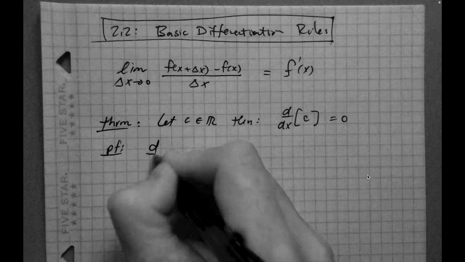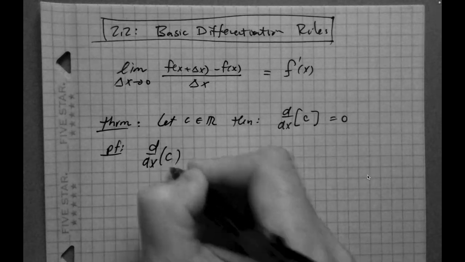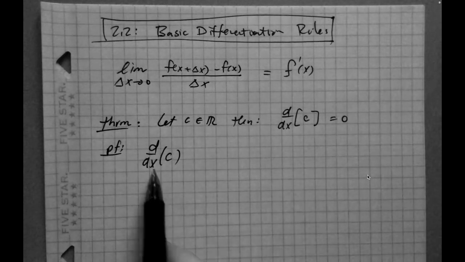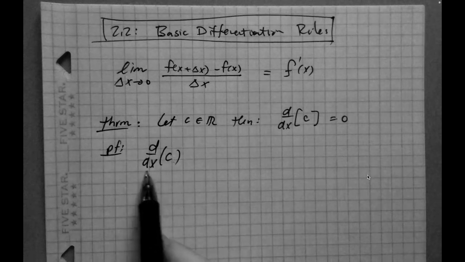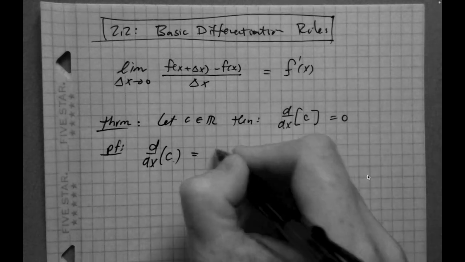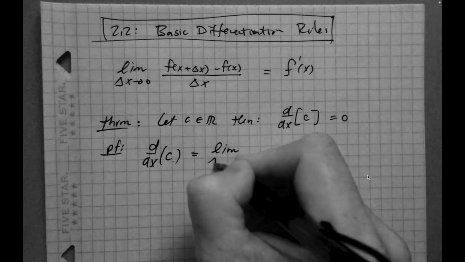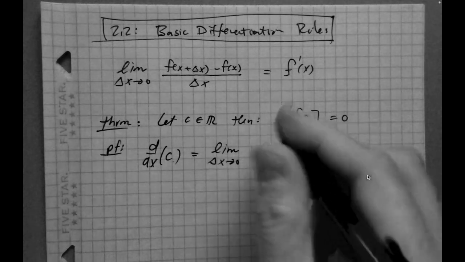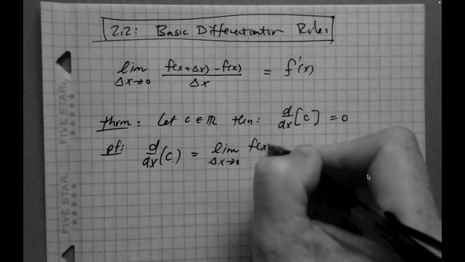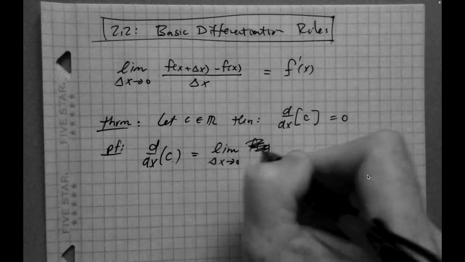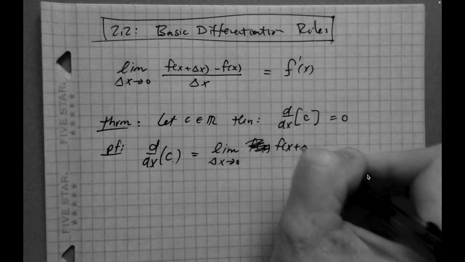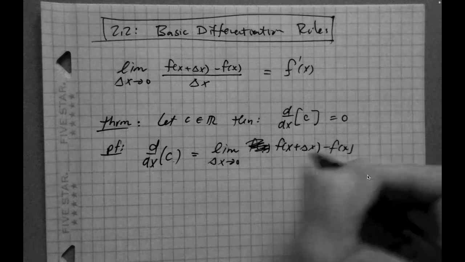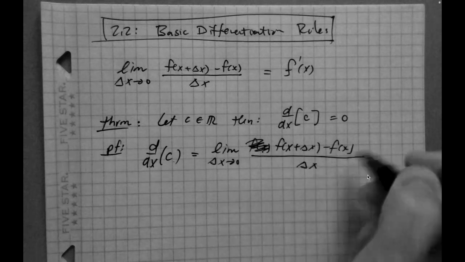And so here we'll use the definition of the derivative. So the derivative of a constant c with respect to x, well, let's just plug in that definition. The limit as delta x goes to 0 of f of x plus delta x minus f of x, all divided by delta x.